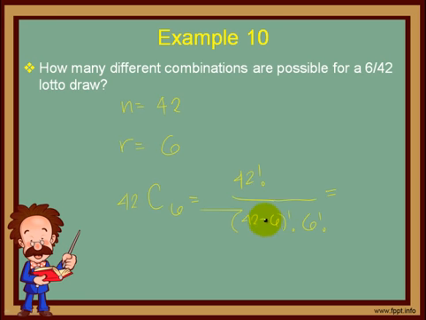That's 36. So that will just be 42 factorial over 36 factorial 6 factorial.